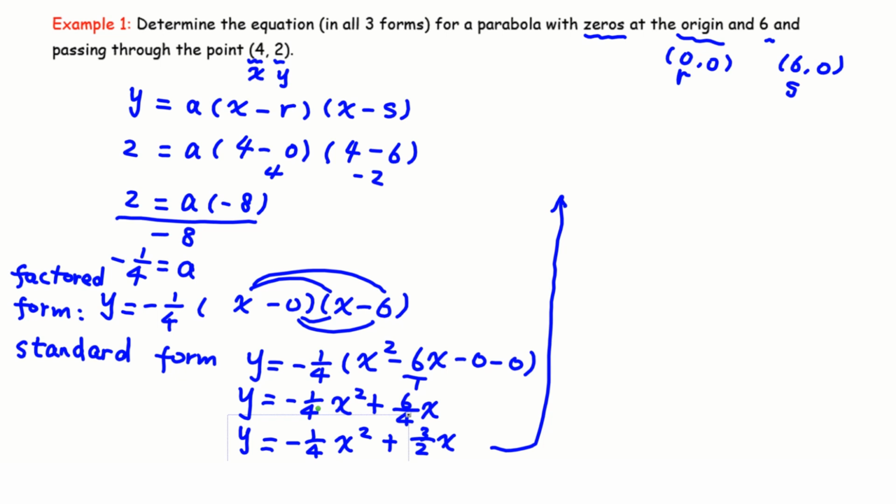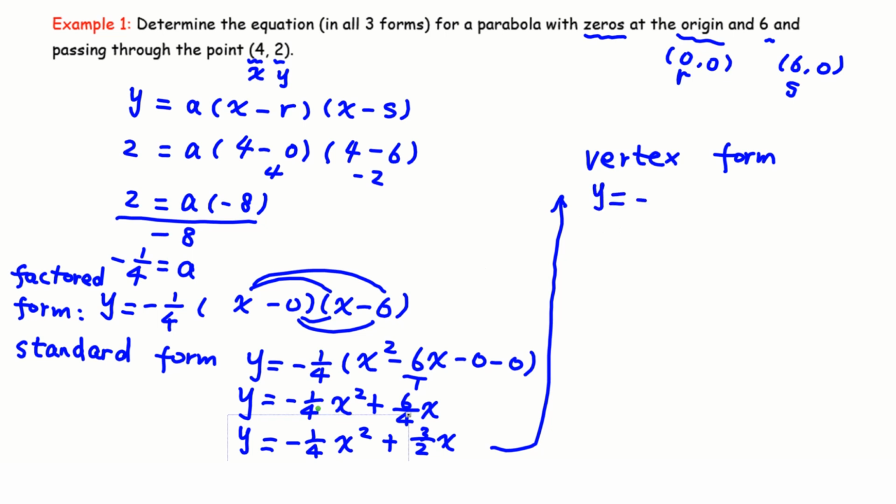Then after that, we are going to see the vertex form. For vertex form, we could start from the standard form. So we take the a value out.